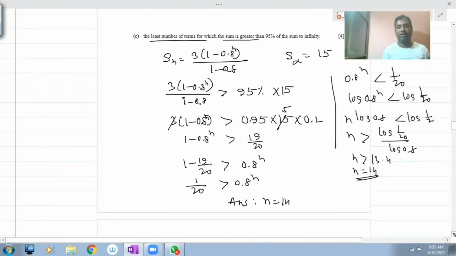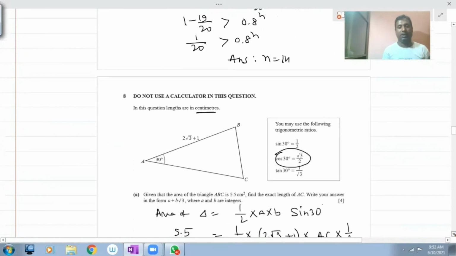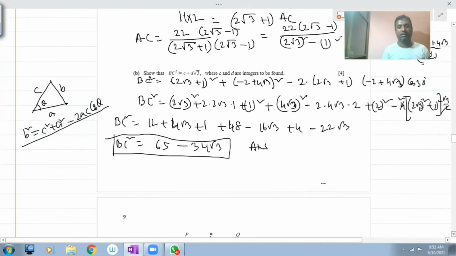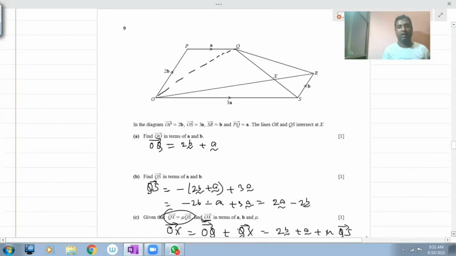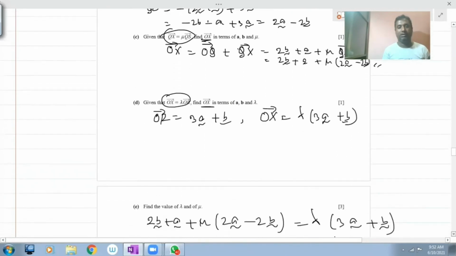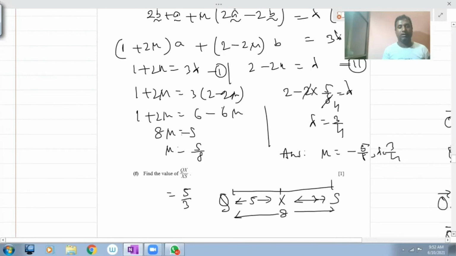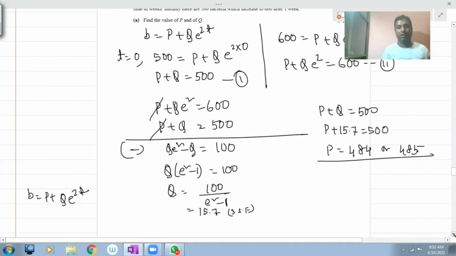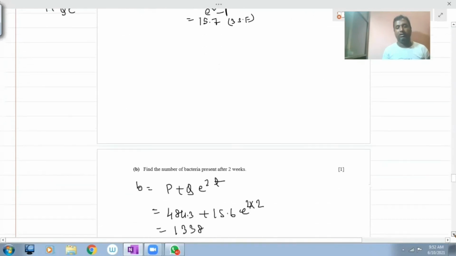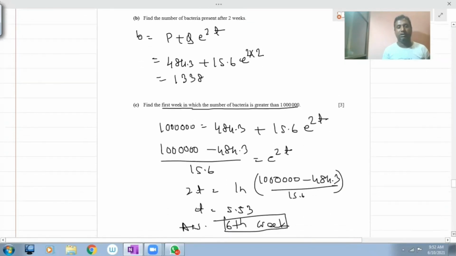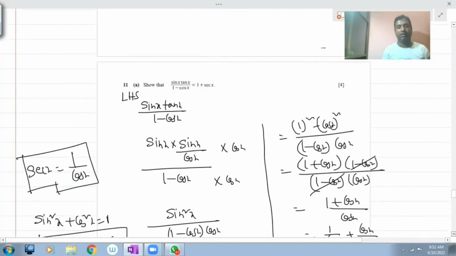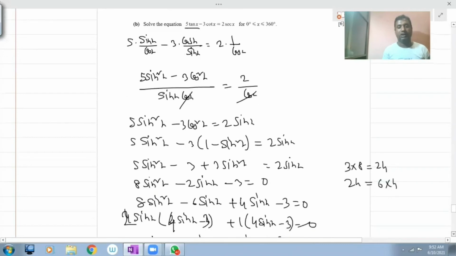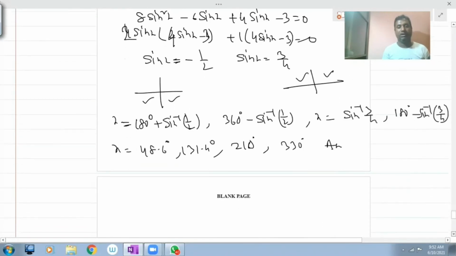This is the C part. And question number 8, A, B. And this is question number 9, which is from vectors. And then question number 10, B, C. And then question 11 is the last question.